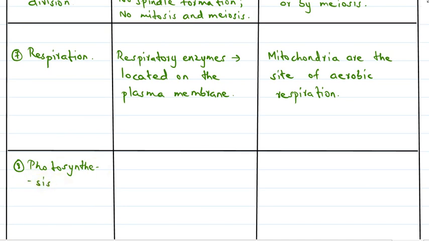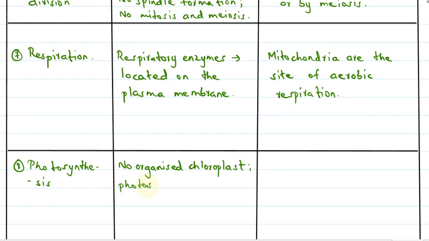So in case of prokaryotic organisms, there is no organized chloroplast, and photosynthesis takes place on photosynthetic membranes.